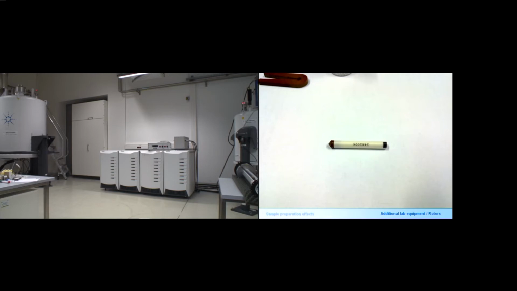Now I would like to show you some elements. This is a rotor. Inside we put the sample. Of course, this is for those of you who never make solid-state experiments.